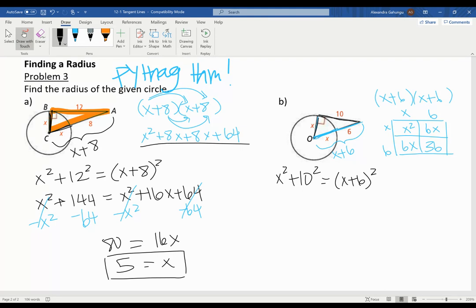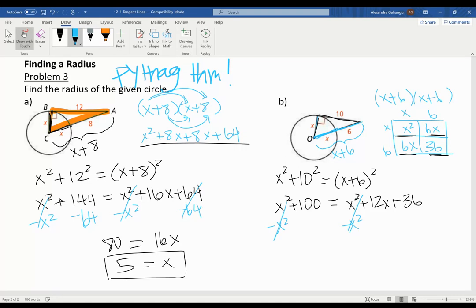So when I write it all out, these are all added together. And so I get x squared plus 100 equals x squared plus 6x plus 6x plus 36. That's just going to be x squared plus 12x plus 36 when I combine my like terms. Then I subtract x squared from both sides and it cancels.